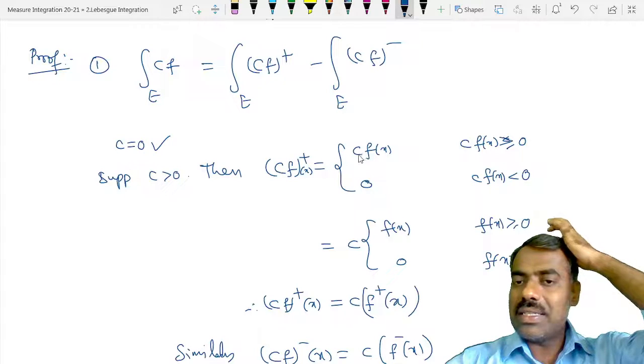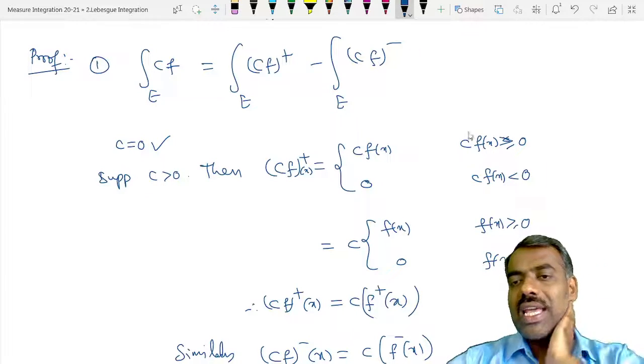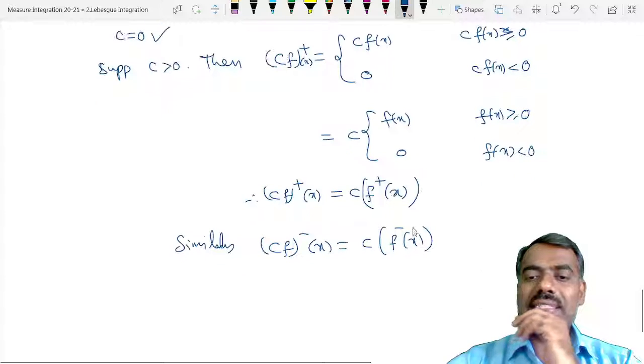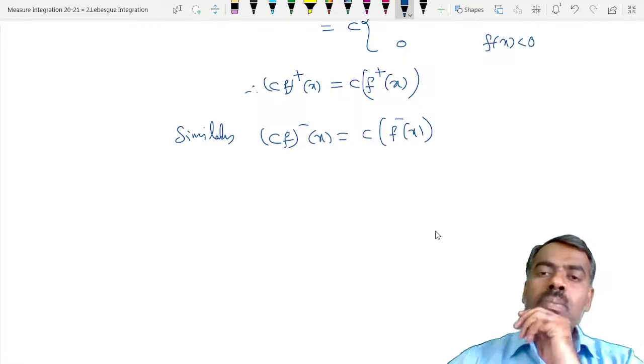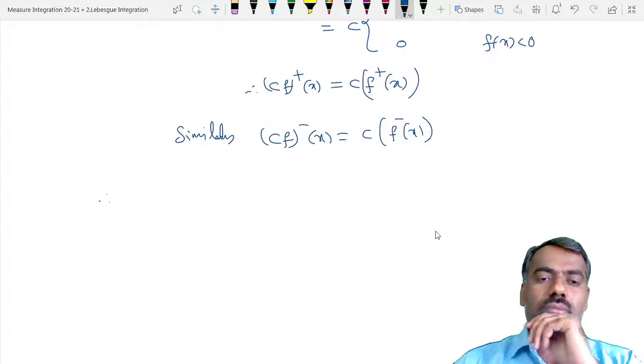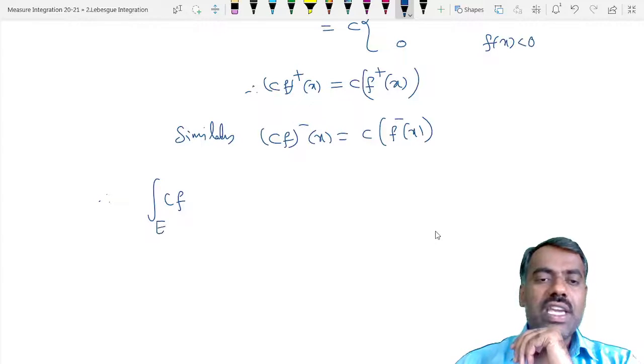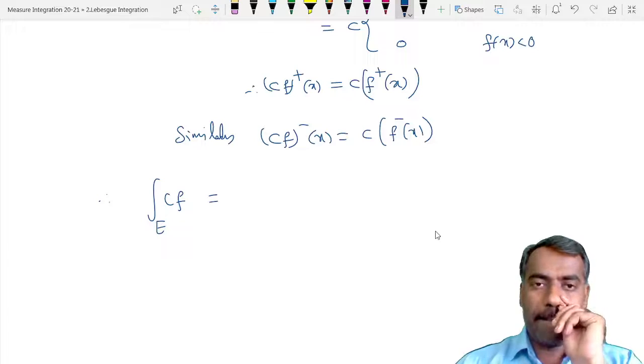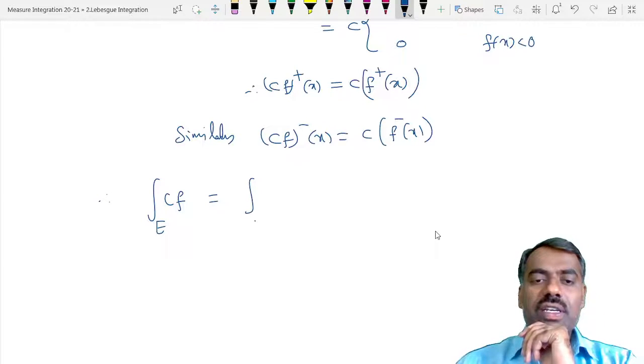Minus C times, so C I will just take out, and C you send it here, you will get f minus.